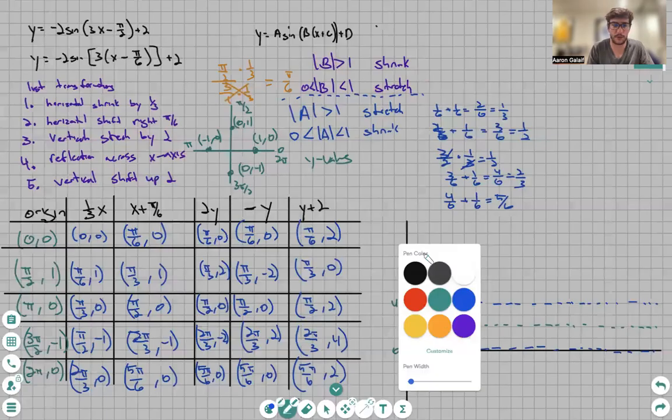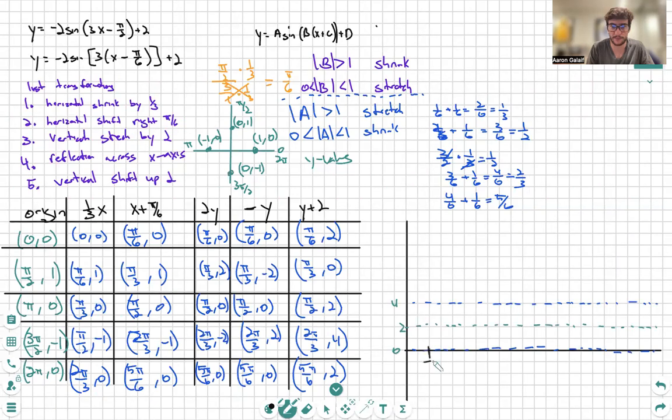We just need to plot the points now. We have pi over 6. I'm going to make it every 3. Pi over 6. 1, 2, 3. 1, 2, 3.